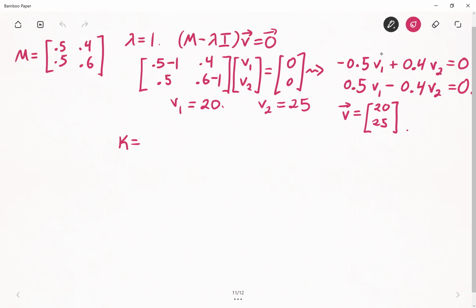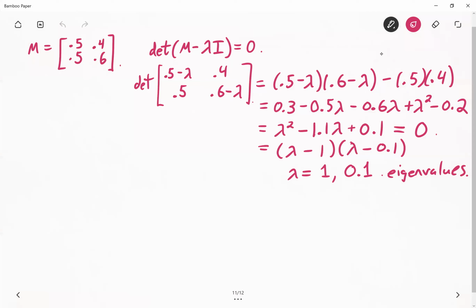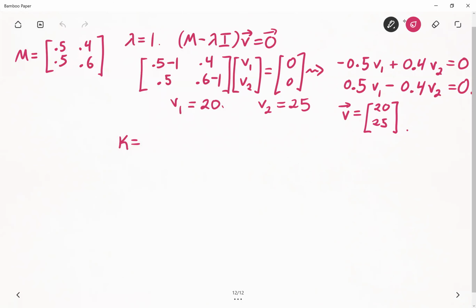Reminding ourselves of what this is, we have 0.1 as our other eigenvalue. So this is kappa equals 0.1.